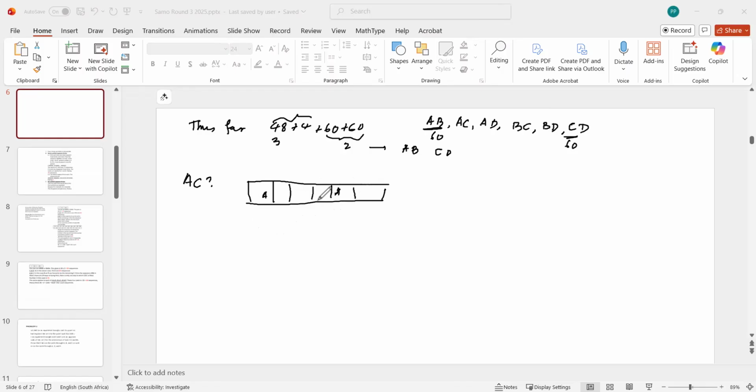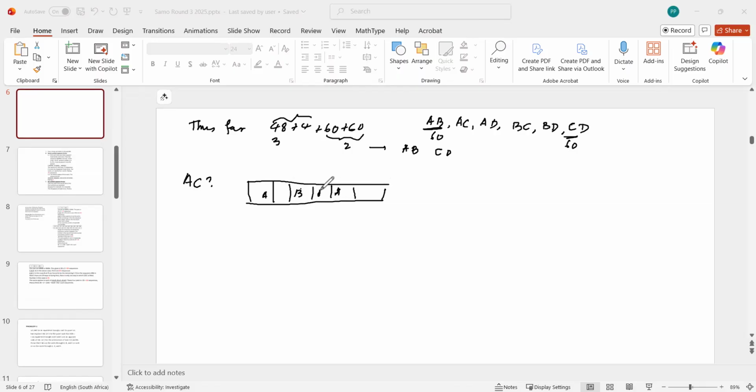If I got two A's, then the B can be anywhere in between, like this. But I've got two C's. The two C's can only be put in one way. Once I choose A, B, and A, the C, D, C will have to be exactly in that position. In other words, every time I choose an ABA, there's only one way in which I can put the two C's and the D. I think that should be clear.